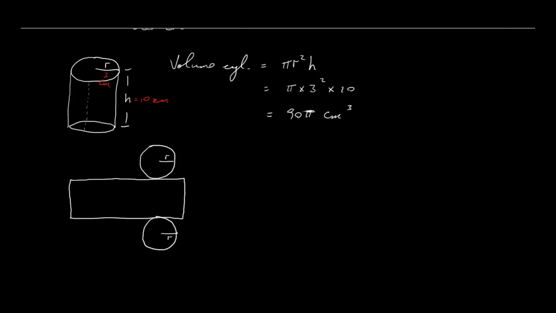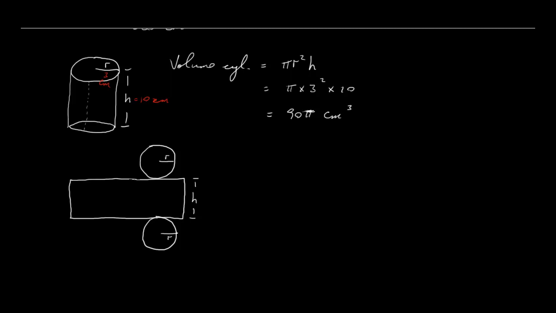Well, you can see that if I cut the curved surface area of this cylinder down along here and open it out, this length here would actually be the h that we started with. But what about the length along here of our rectangle?